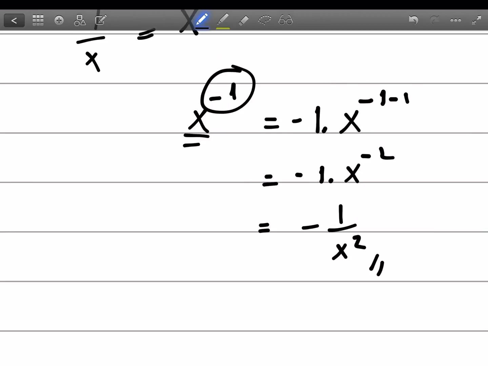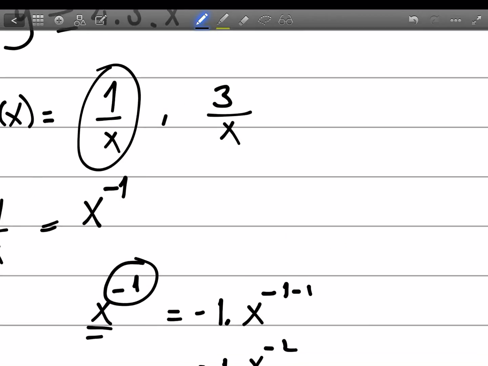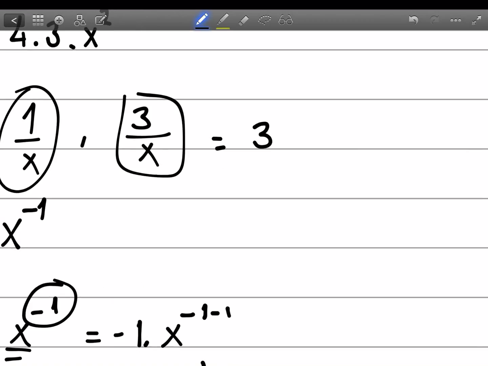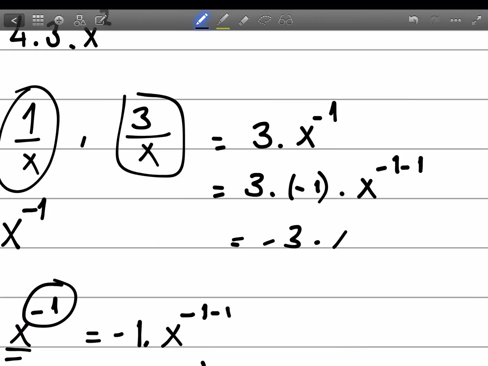That is the derivative of 1 over x. And also we can take the derivative of 3 times x to the power of minus 1. That will be 3 times minus 1 times x to the power of minus 1 minus 1. That will be minus 3 times x to the power of minus 2, which is minus 3 over x squared.